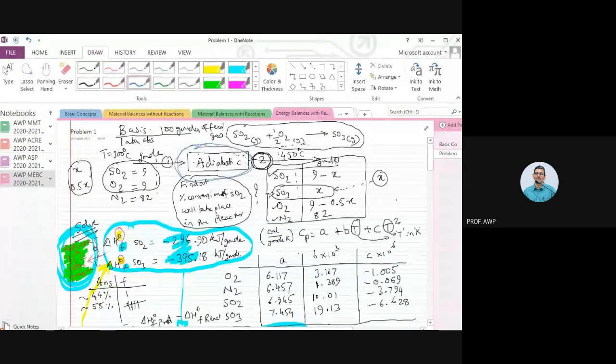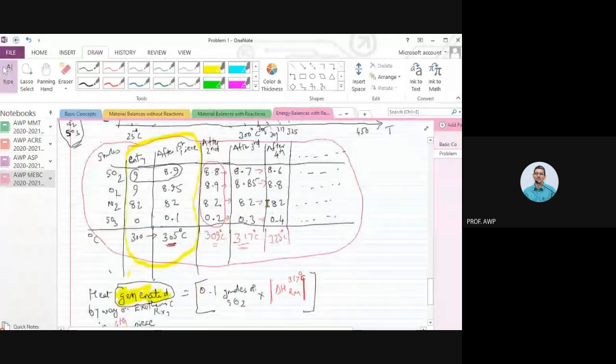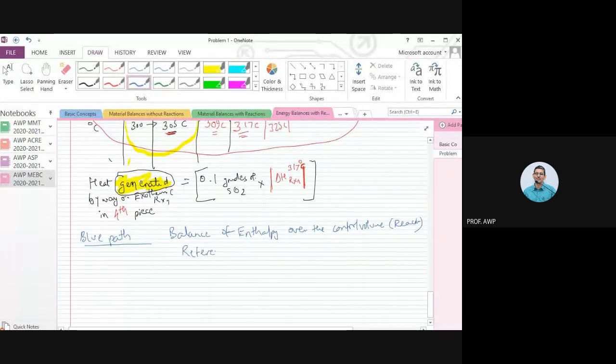So the blue path means we are doing the reaction at 300 degrees centigrade. For the balance of enthalpy that we would be writing, the reference is 25 degrees centigrade, where SO2, oxygen, N2, and SO3 have zero enthalpy.